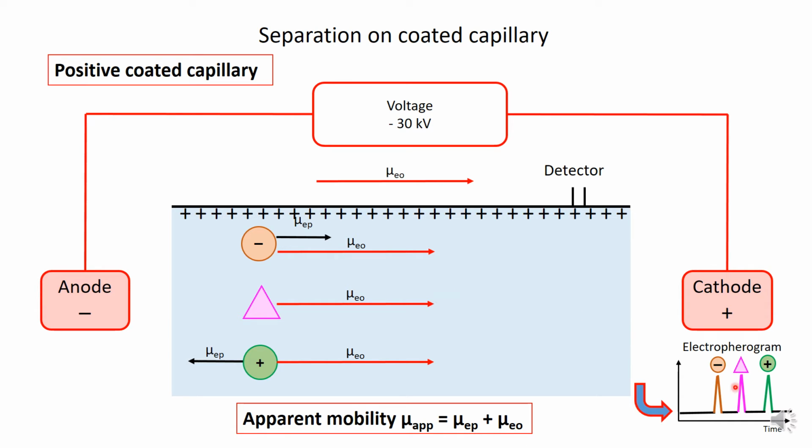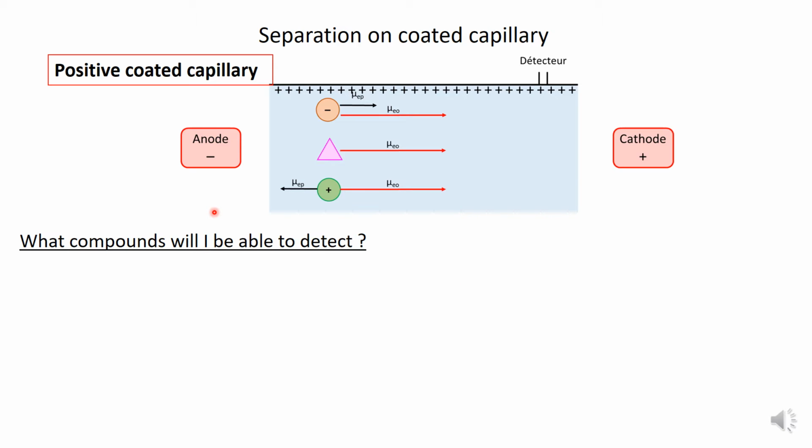And in that case, we have first the anions, second the neutral compound, and third the cations. So here is the final idea about the separation in positive coated capillary.